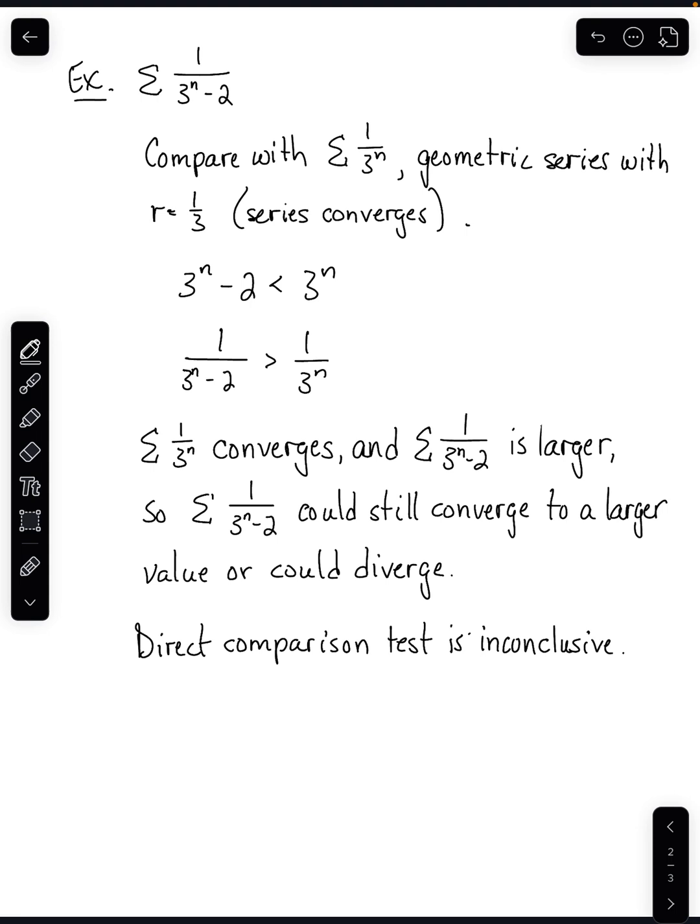But it is limited in that whether the comparison series converges or diverges is only part of it. We also need to show that depending on whether it converges or diverges, it must therefore be larger or smaller than the original series.